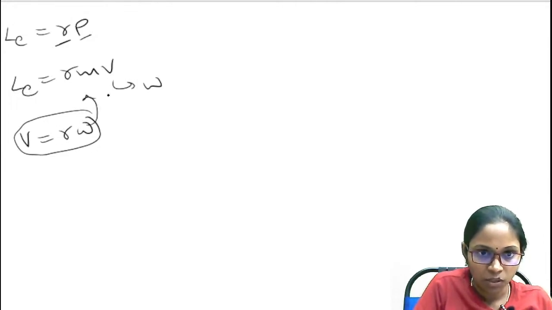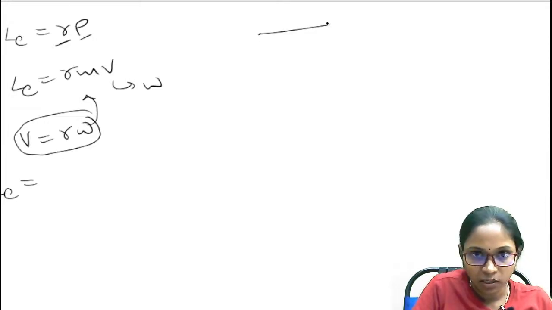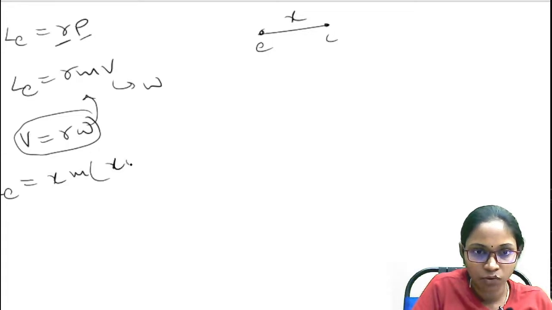We just substitute in the above equation. Therefore, what is the distance between the electron and the center of mass? It is x, right? Therefore you just replace x in place of r. Therefore we have m into x omega. So the angular momentum of electron is m x square omega.